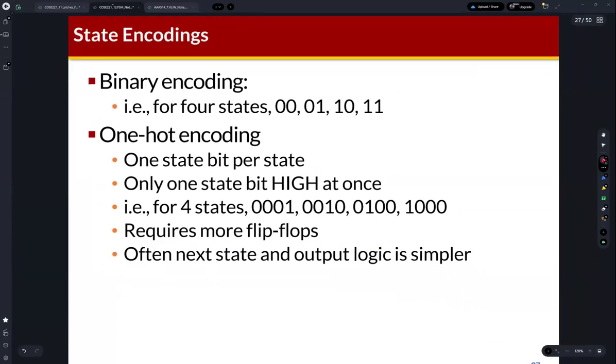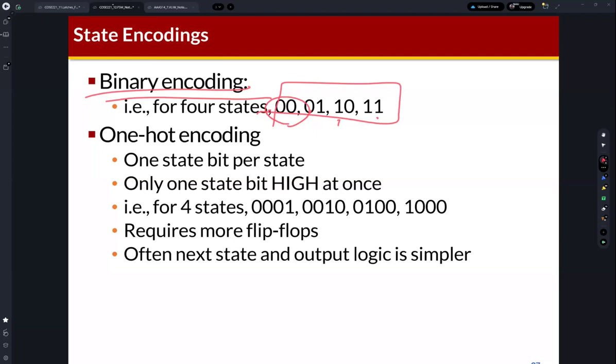For this example, we use binary encoding in order to represent the states. We use binary encoding because there are 4 states, so we use just 2-bit signals like 00, 01, 10, 11. Two bits are just enough to represent 4 different states.